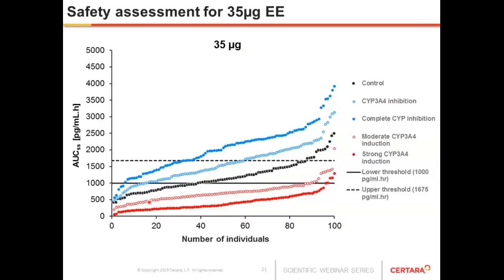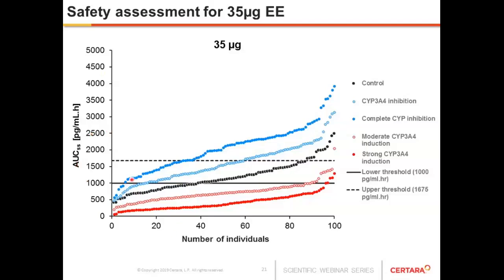Now, the black points show the simulations that were done for ethinylestradiol given on its own. So if you're giving ethinylestradiol on its own, these dotted points are simulations for 100 different individuals. So the plot is the exposure concentration for that individual against the number of individuals.